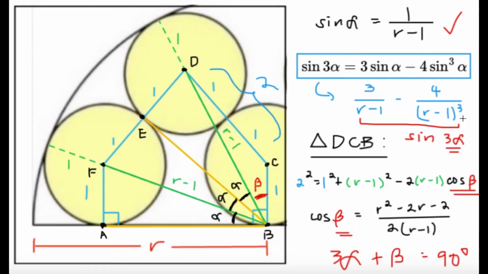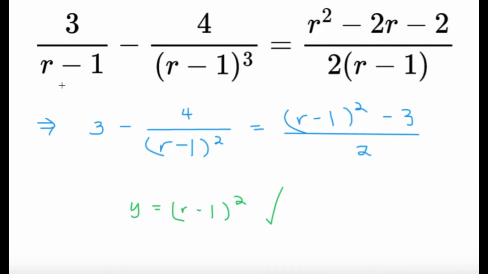We'll be able to equate this expression in terms of r and this expression in terms of r, so we can solve for r and work on with our solution. So this is the value of sine 3 alpha, and this is the value on the right of cosine beta. They must be equal because 3 alpha and beta add up to 90 degrees.